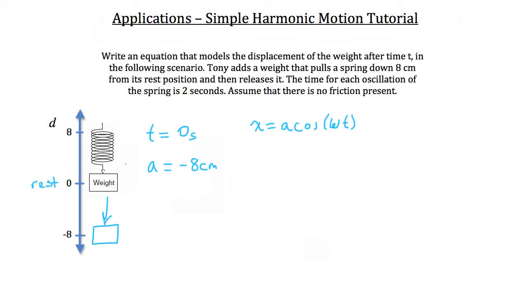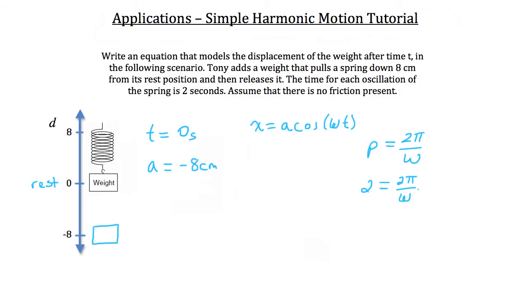Now the fact that a is a negative number is going to make it a lot easier to just use cosine. Now if you recall our period formula, P, our period, is equal to 2 pi divided by omega, we can use that to calculate our omega. We know that our period for each oscillation, the time it takes to complete it, to go up then back down, is 2 seconds. So we have 2 seconds is equal to 2 pi divided by omega.